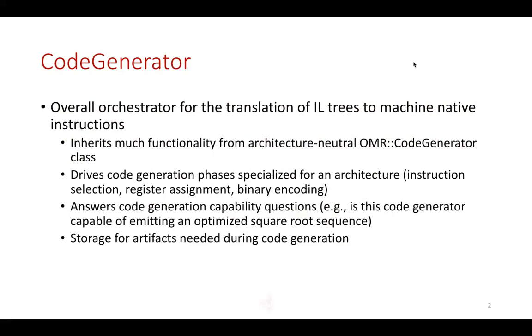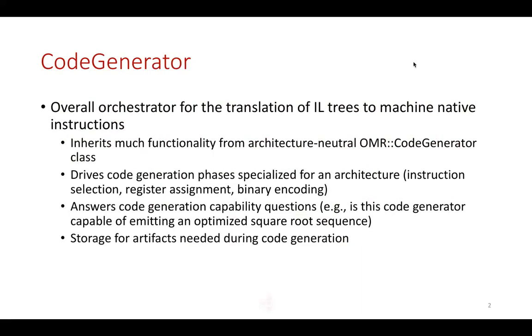For example, things to do with register assignment, things to answer questions about capabilities, things to do with global register assignment, things to do with tree evaluation, that sort of thing. There's data structures and all kinds of things under there, so you get a rough sense of that. As I said before, I think that a lot of this can get cleaned up, and it should be cleaned up to make the real purpose of the code generator much, much crisper. But as it is right now, it's not quite that way.